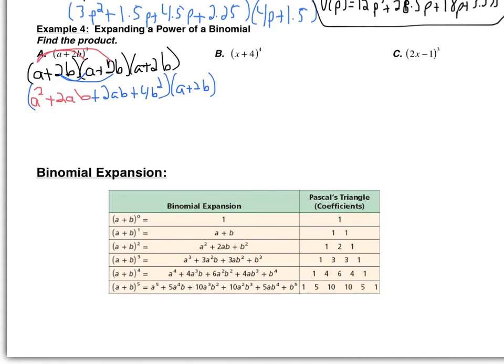And then we combine like terms, so we get a squared plus 2ab plus 2ab is 4ab plus 4b squared times a plus 2b. And then we distribute again.